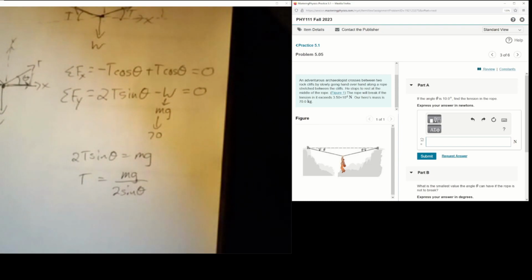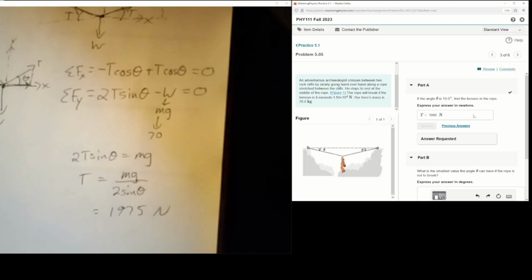And I will punch that in real fast. 1975. And 1980, so they're using significant figures there, but they would have taken 1975 also.